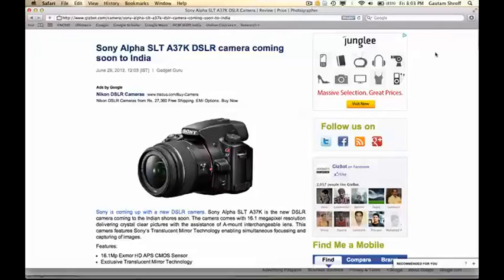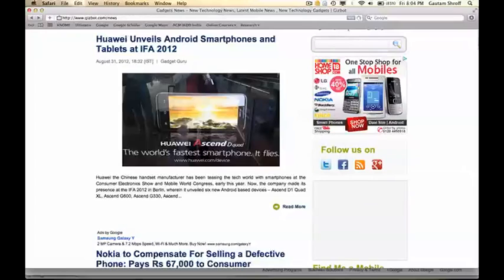For example, suppose you are reading this review of a camera, then the ad on the right has probably been posted by a company in multi-brand retail who happened to bid high for the camera keyword. On the other hand, if you turn to a story about smartphones, you end up seeing an ad about mobiles.